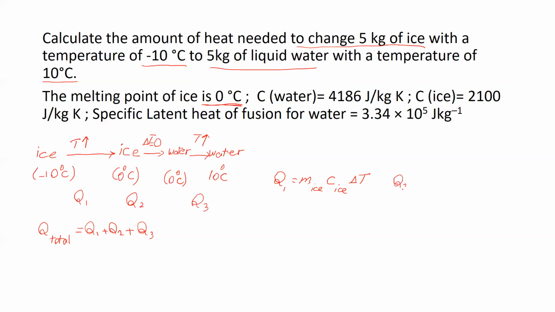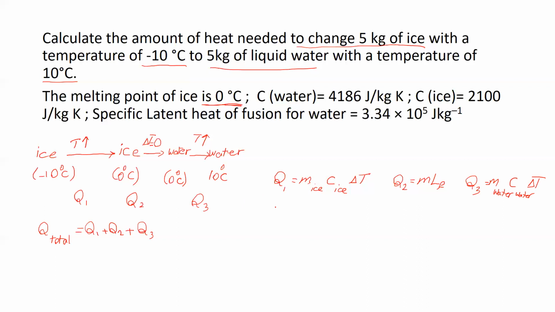And Q2, actually we have a change of phase. We don't have any change of temperature, ice to water. So the formula that we need to use is m L. And because it's melting, it's fusion, so the L that we need to use is m Lf. And Q3, again, we have water that we want to increase its temperature. There is no phase change. So it becomes m water, c water, because we want to increase the temperature of water, times delta T.